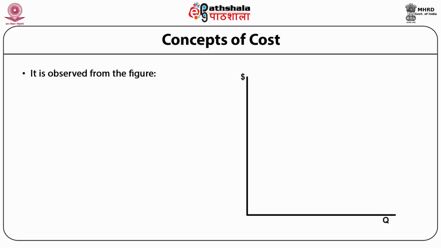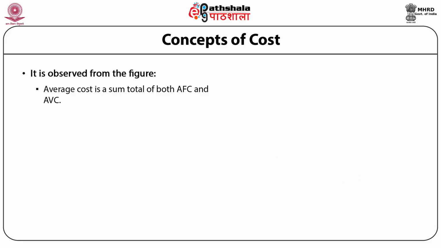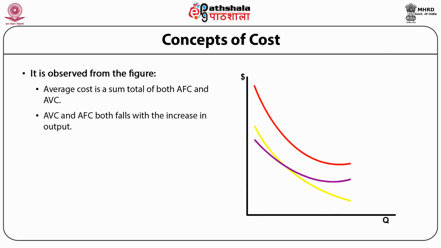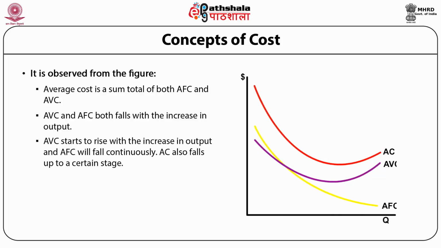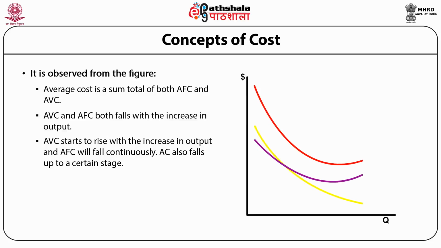It is observed from the figure that average cost is the sum total of both average fixed cost and average variable cost. Average variable cost and average fixed cost both fall with the increase in output. AVC, that is average variable cost, starts to rise with the increase in output, and AFC, that is average fixed cost, will fall continuously.